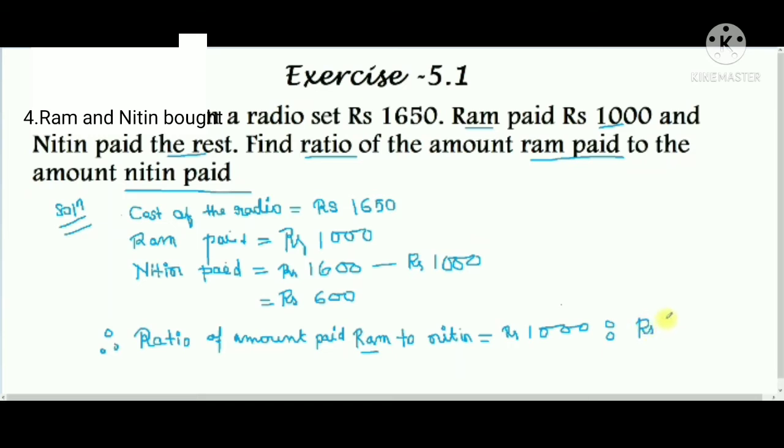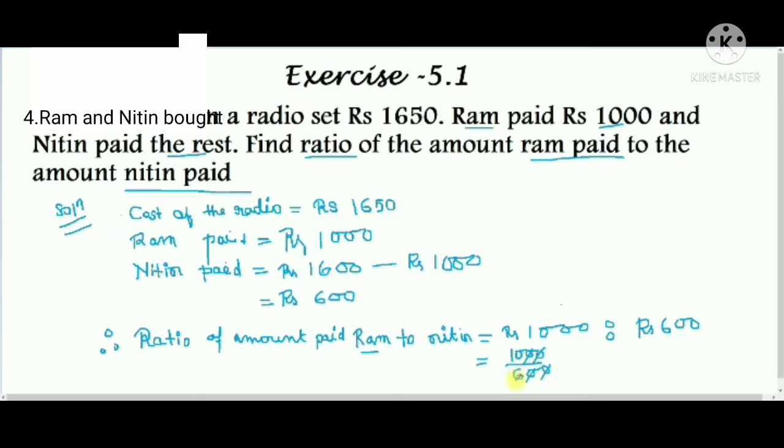Now we have to find it like this. Here 1000, first you write 1000 in the numerator. And since the ratio means division, this 600 we will write in the denominator. Now cut the zeros: cut this 0 and this 0, then again this 0 and this 0. Now there are 10 and 6.